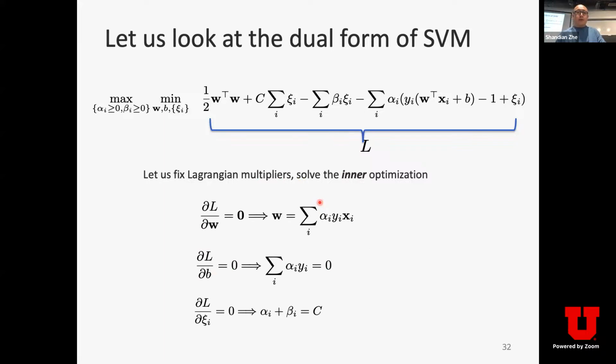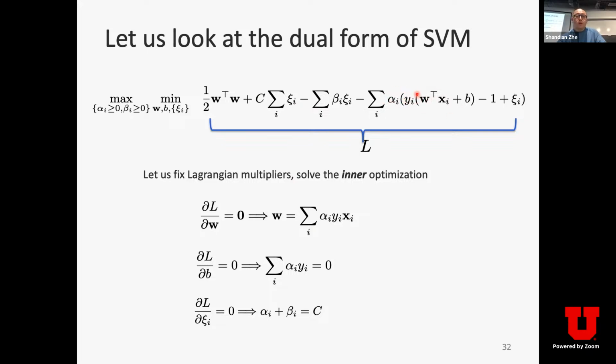This is also pretty straightforward. It's just a practice of your calculus 1, I guess. If you take the gradient of L with respect to W, we know that the first quadratic term, the gradient of this term will simply be W. And there is only one summation that includes W, which is here.